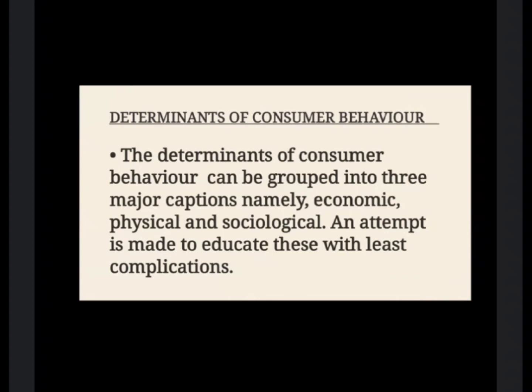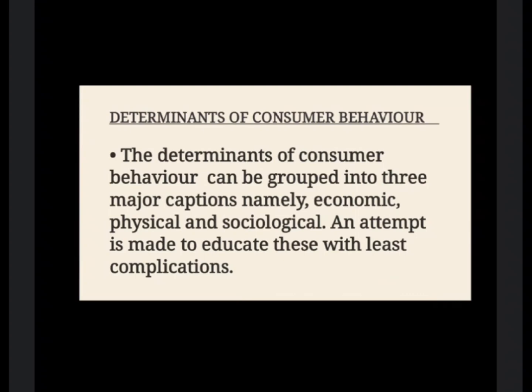So, determinants of consumer behavior. The determinants of consumer behavior can be grouped into three major captions, namely economic, physical, and sociological. An attempt is made to educate these with least complications.